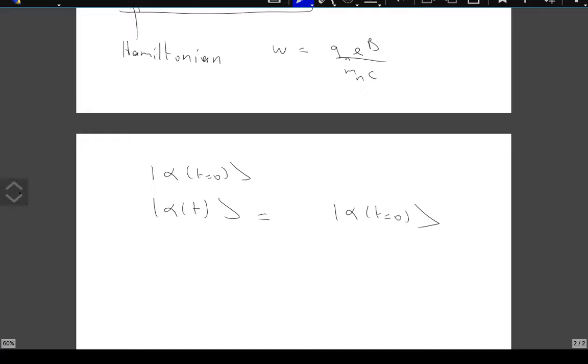The ket at a later time t is e to the power of minus i H t over h bar.